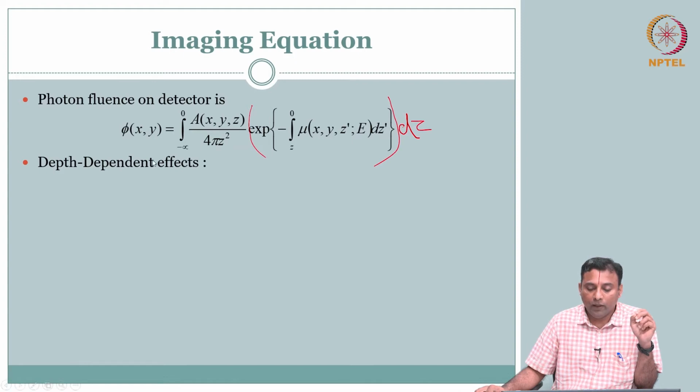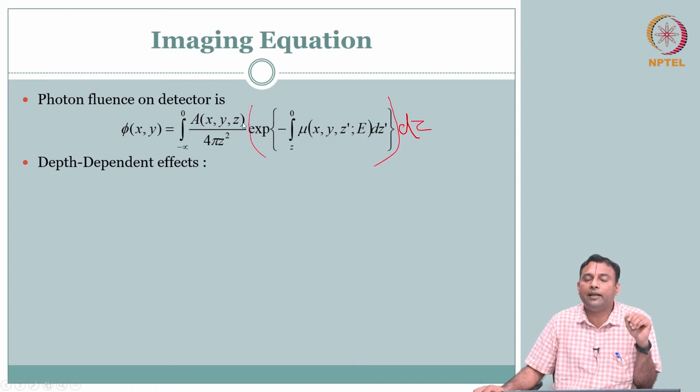One is your Z appearing here, so when your source falls on the detector, you have a depth dependent effect, which we are familiar with. But what is important, that we didn't explicitly see before, is this term.